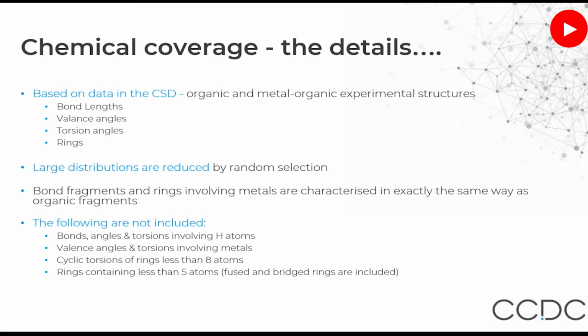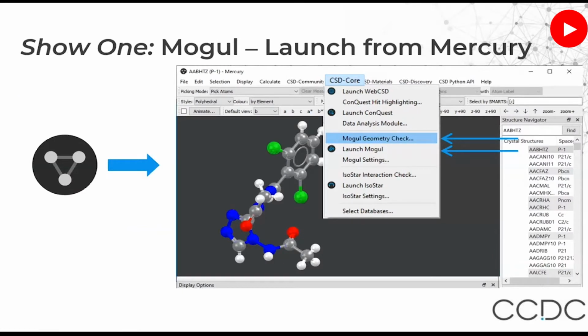Bond fragments and rings involving metals are characterized in exactly the same way as organic fragments. What's not included is bond angles and torsions involving hydrogen atoms, valence angles and torsions involving metals, cyclic torsions of rings less than 8 atoms, and rings containing less than 5 atoms. So that's the details, and now we can start using Mogul.